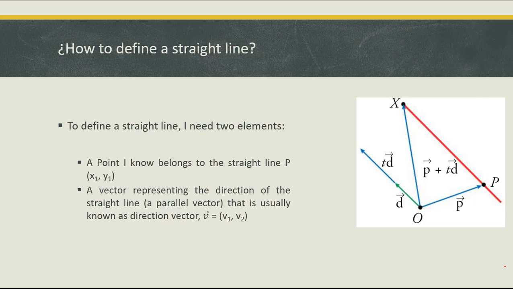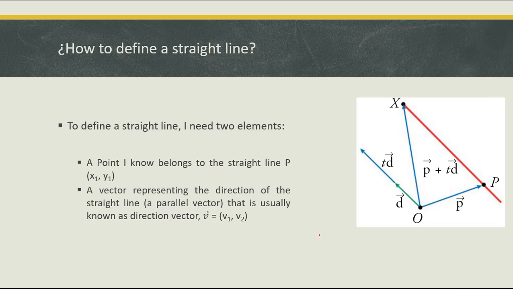The direction of the straight line can be defined using a vector, because each of the vectors has a different direction. If I take a vector that is parallel to the straight line, I have the direction of the straight line defined. This vector is usually known as the direction vector.